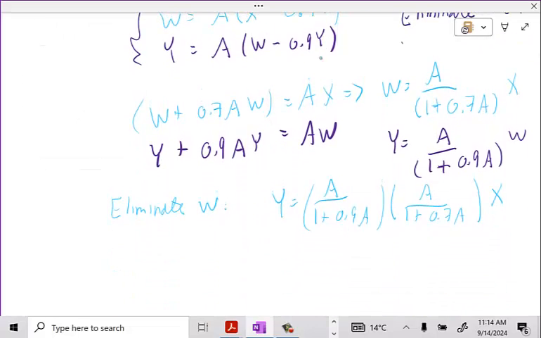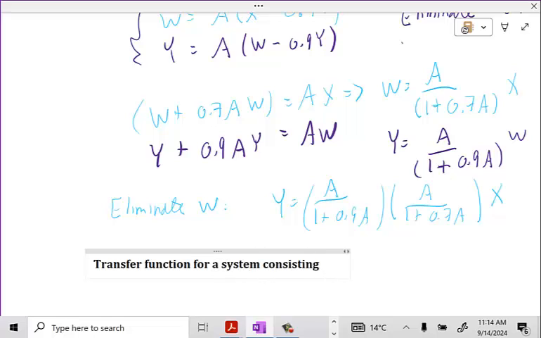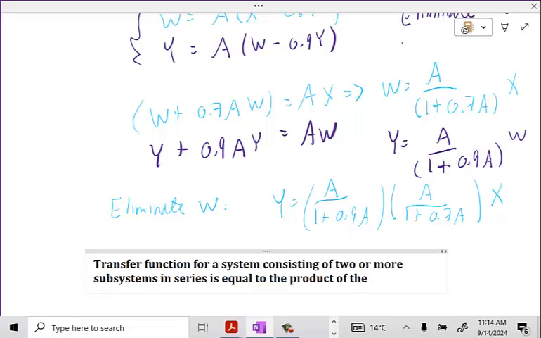Okay, so I can write that here. The transfer function for a system consisting of, well, I could say two or more subsystems in series is equal to the product of the transfer functions.